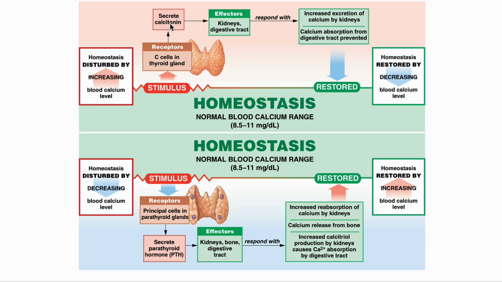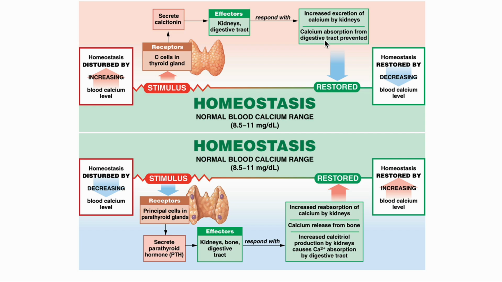The effect of calcitonin is that it causes the kidneys and digestive tract to alter their response to calcium. So if calcitonin is present, then the kidneys will excrete calcium, and also the digestive tract will not absorb calcium.